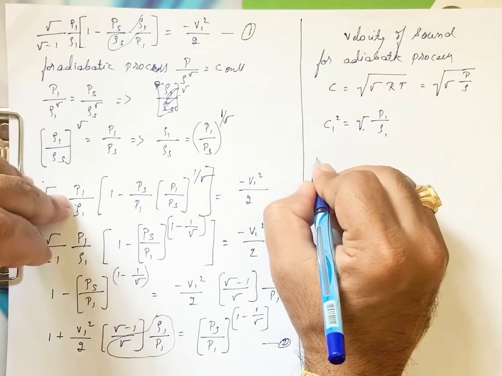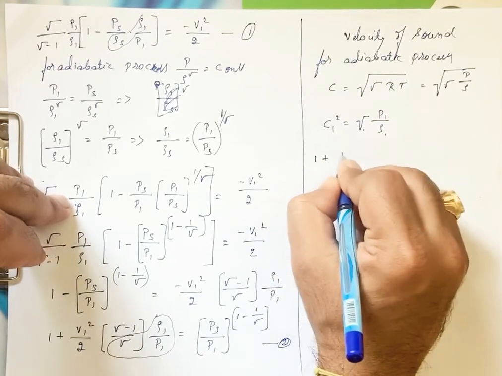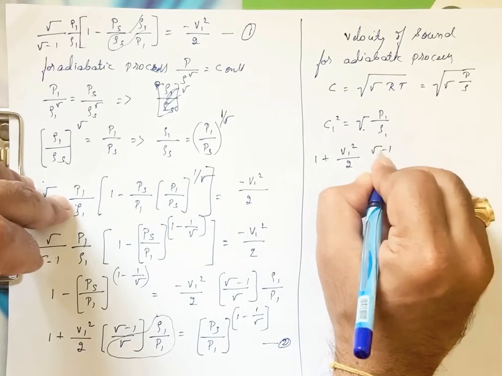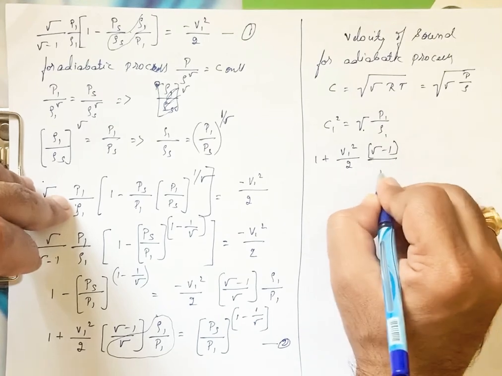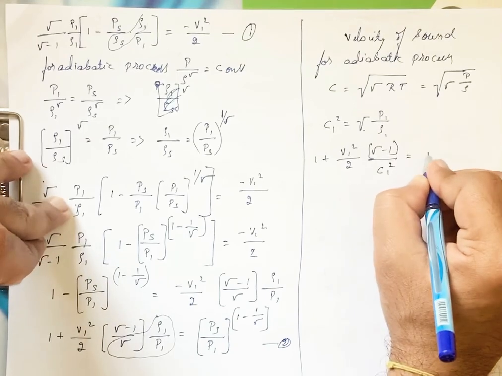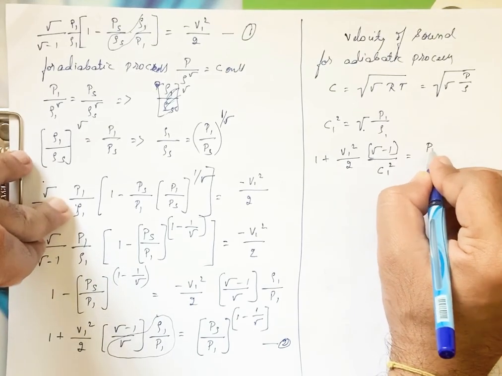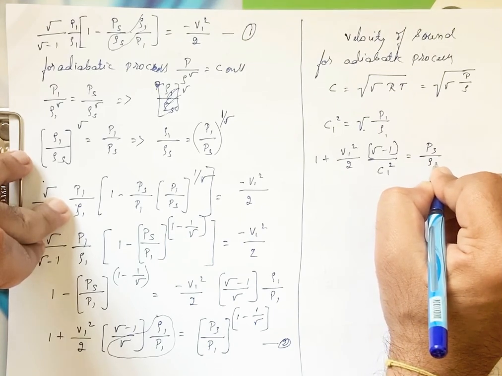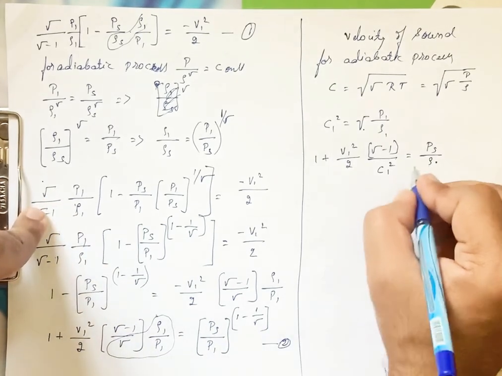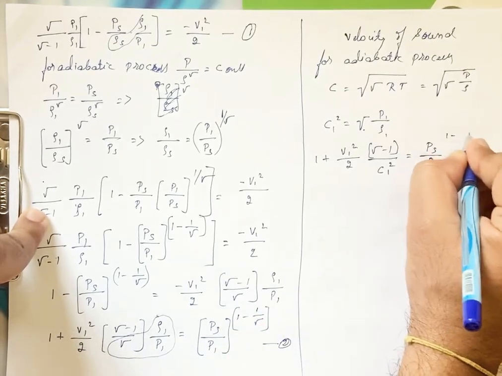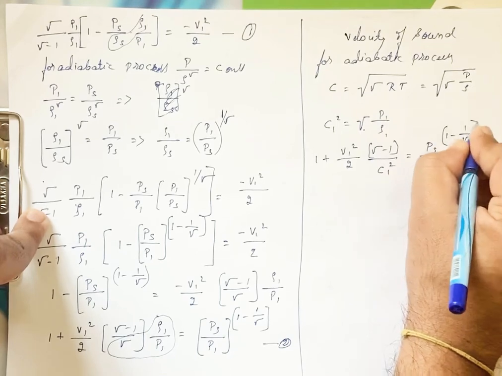So I'll get 1 plus V1 square by 2 into gamma minus 1 divided by C1 square is equal to Ps by P1 raised to 1 minus 1 divided by gamma here.